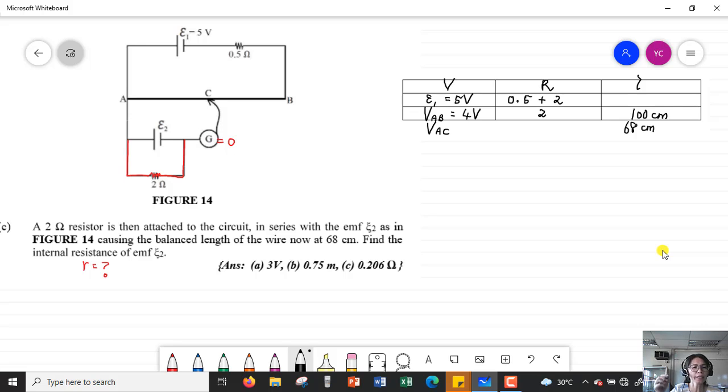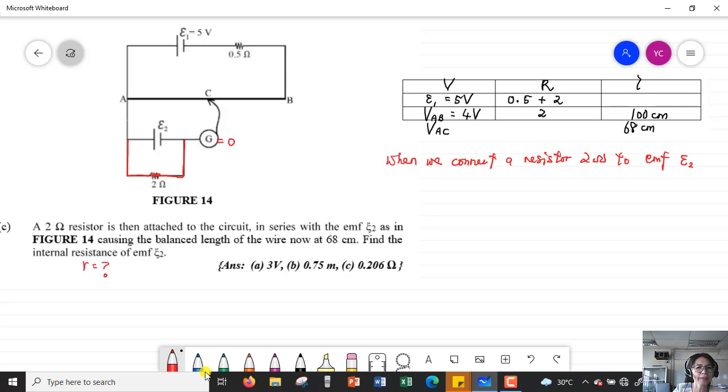In order to find the internal resistance R, we must first find the voltage when our G reaches 0. So class, now we connect a 2 ohm resistor to the E2.